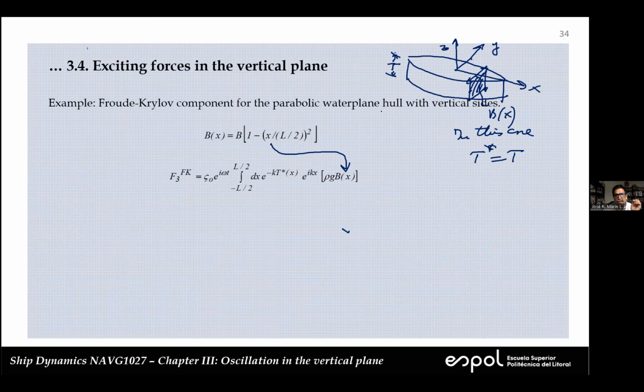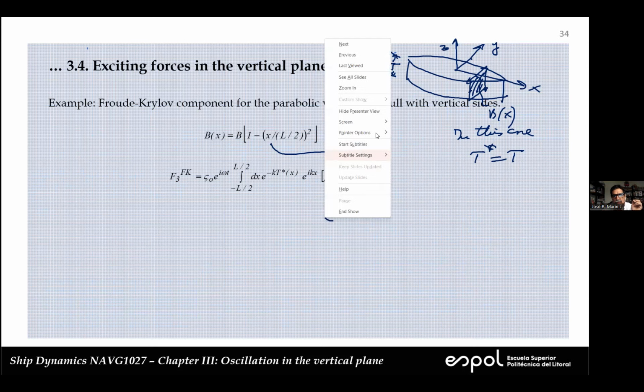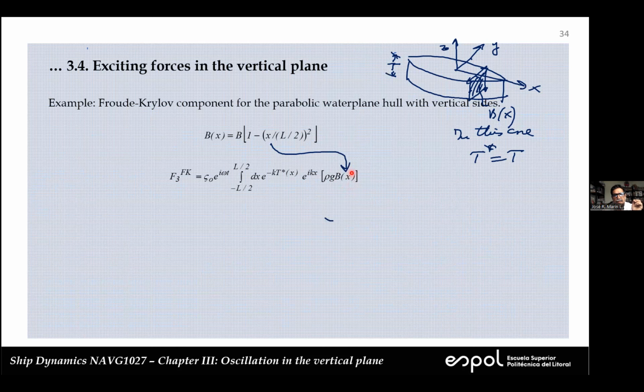Okay, so this is the Froude-Krylov component. For this case, we need to include the variation of the beam along the length of the ship. In this case, this T star is constant, since every section is rectangular and there is no trim. But as I said before, this is just a simplification. So we can develop this integration completely.